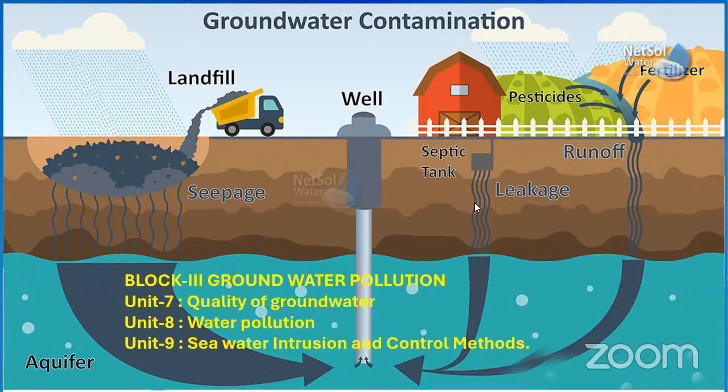Like this, we are going to cover the different causes of groundwater pollution, the quality parameters of groundwater, the main water pollutants, and the different types of pollutants in this presentation.